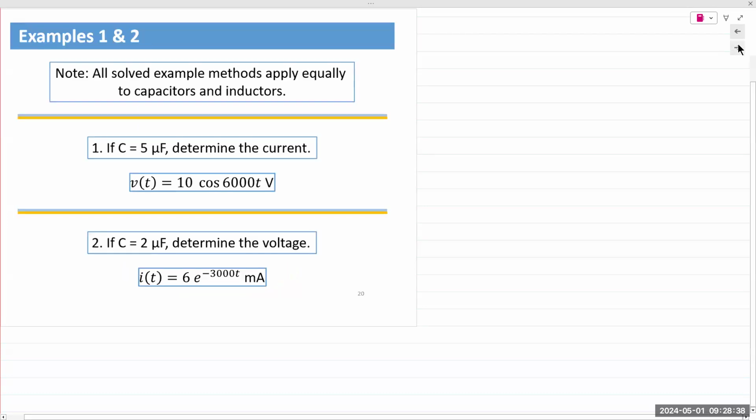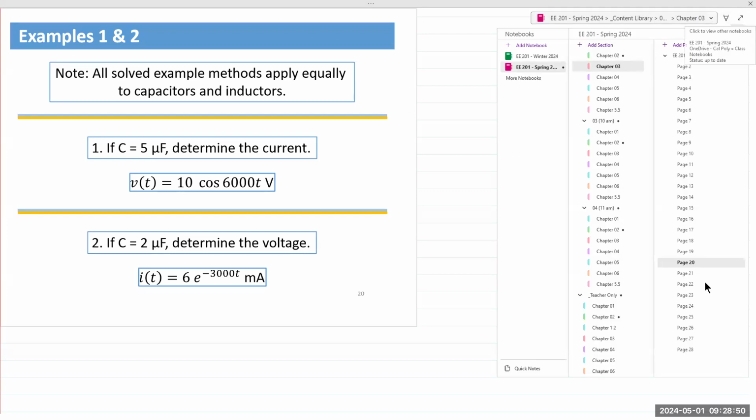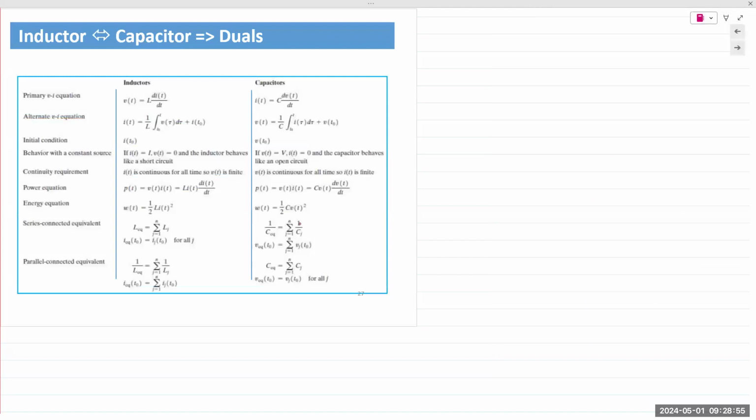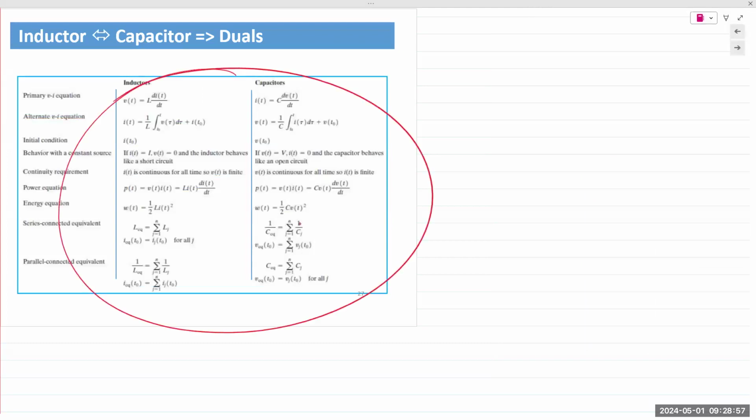Okay, let's look at 4 examples. All 4 examples apply equally to inductors and capacitors, since all the equations are the same. If you go to page 27, there is a summary slide that lists all the equations and you can compare them side by side.